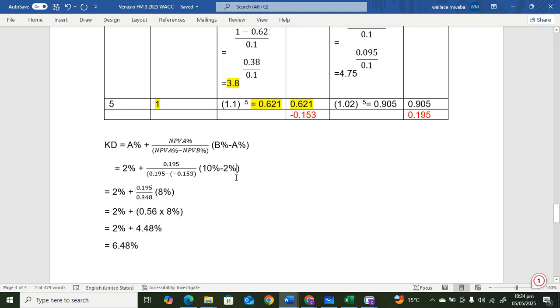So for this formula, as complicated as it might look, just remember it just needs four things from the table: net present value with the lower discount rate and NPV with the higher discount rate, and the actual lower discount rate and the higher discount rate. Once you have that, you put them in the formula.